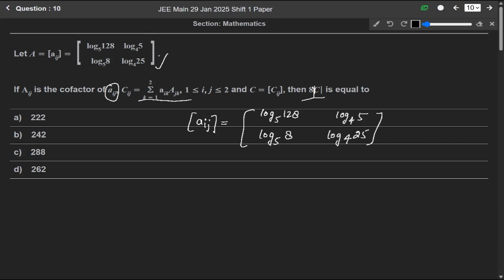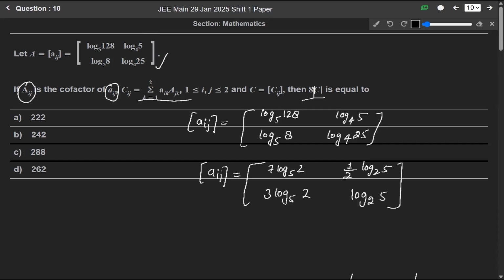Okay. And since Aij is the cofactor of Aij, first of all we can write the matrix in simple form: 7 log 5 base 2, and 1 by 2 log 2 base 5, and here 3 log 5 base 2, and log 2 base 5.